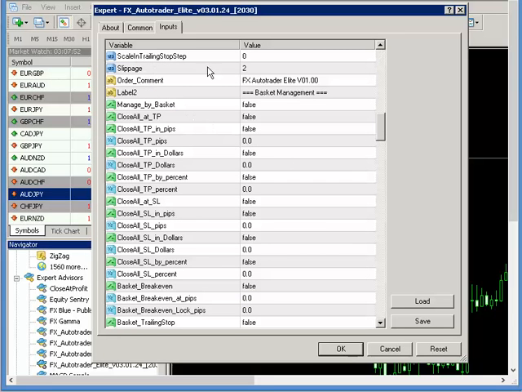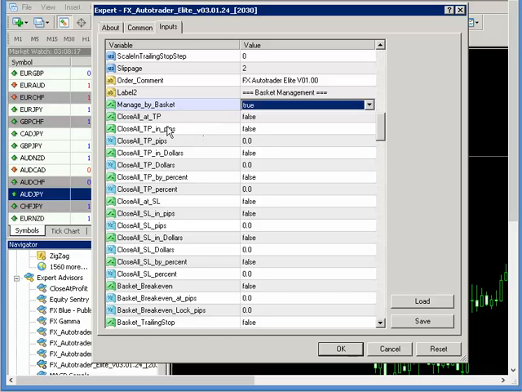You do the normal slippage setting, your order comment, and then we now have the basket management. So you can manage all the trades. If, for instance, you had an initial trade and 4 scaling trades operating at once, you can treat them all as a basket. So we would set manage by basket to true.